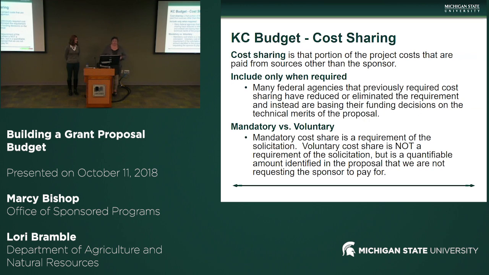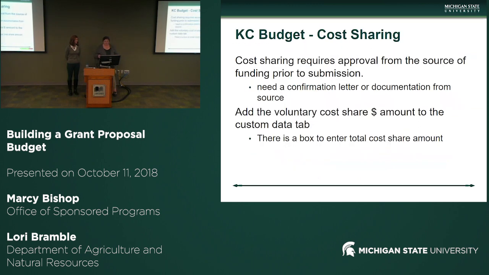So that's one of the times you'll see voluntary cost share. And this is voluntary committed cost share, so you're quantifying it. You'll also see voluntary uncommitted cost share, where we don't quantify it. So there are a couple of different places.